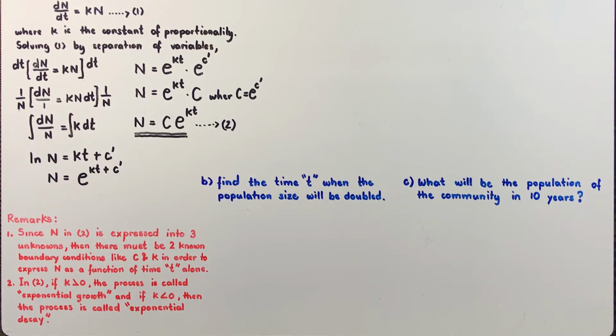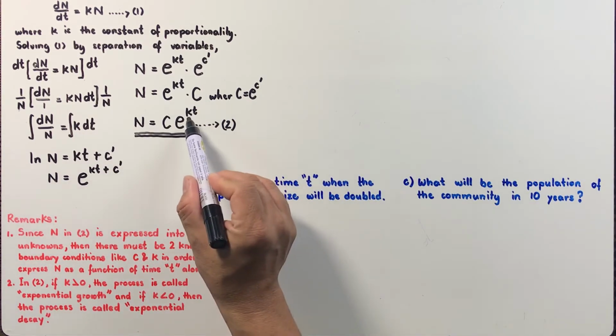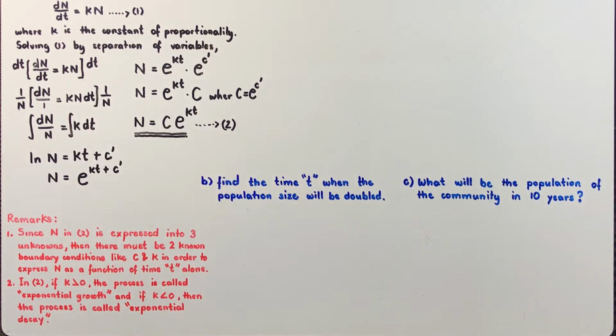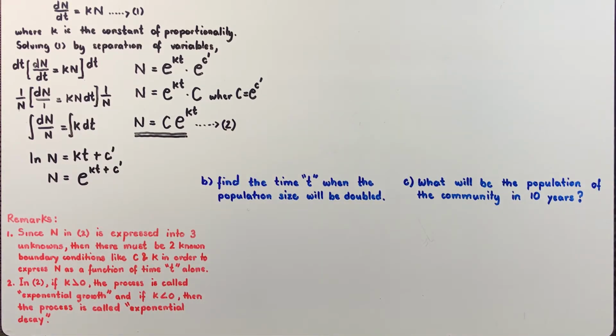Number 2: in equation 2, if k is greater than 0, meaning positive, the process is called an exponential growth. And if k is less than 0, in other words negative, the process is called an exponential decay.